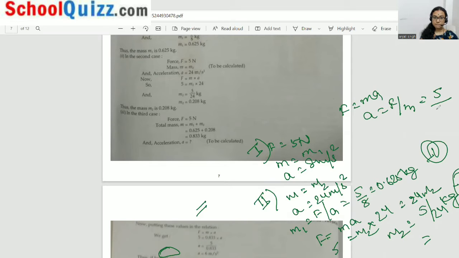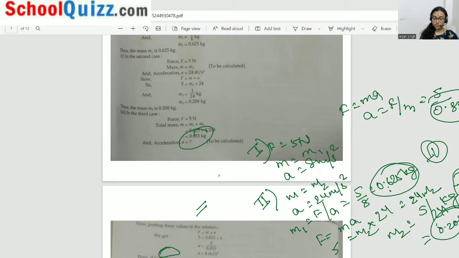Mass is 0.833, that we will find from here. How? You will get this mass and this mass, that will be 0.208. Here it is written both the masses are tied together. It means you have to add both the masses. So you add it and you get this.